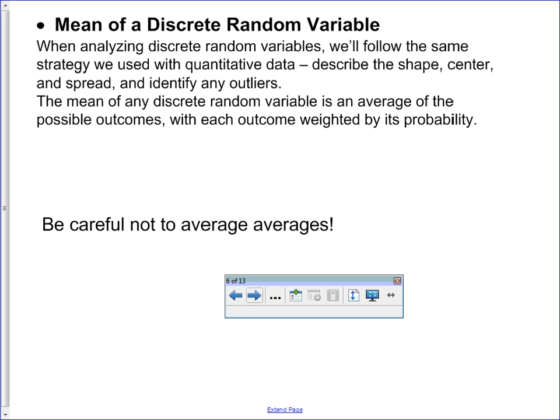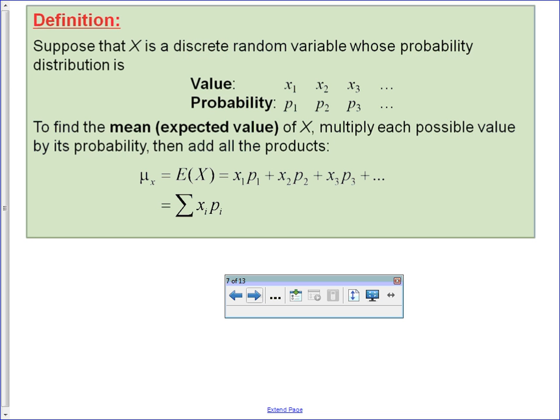So the mean of any discrete random variable is the average of all possible outcomes, with each outcome weighted by its probability. So what does that mean? Well, that means this. And this is the formula that you will see for this. And I'll unpack this for you.